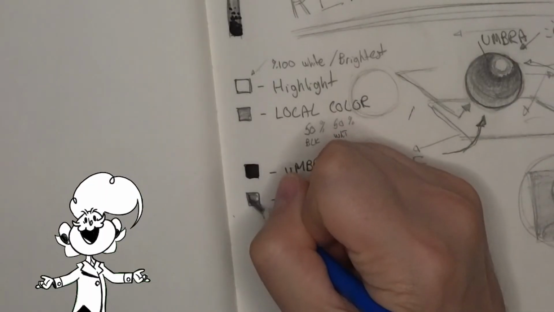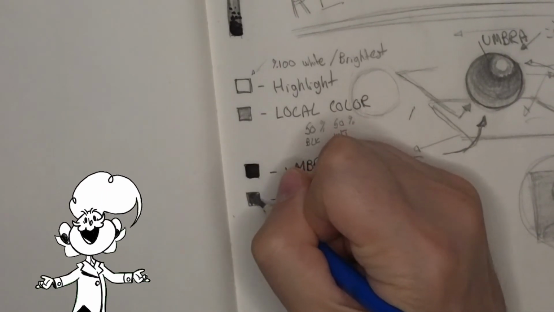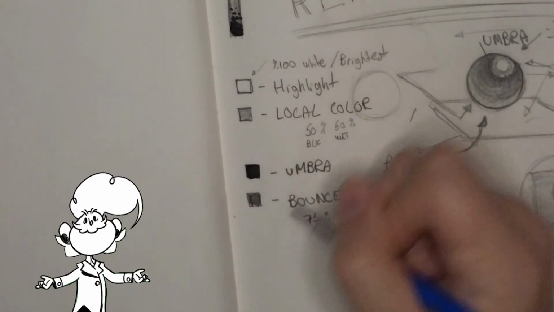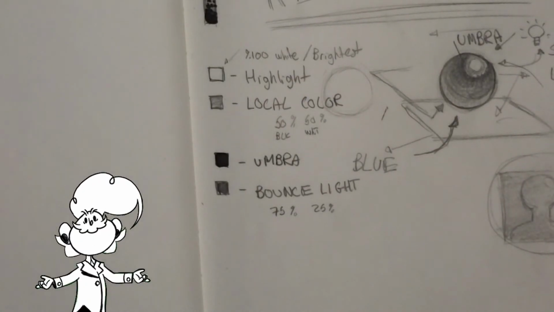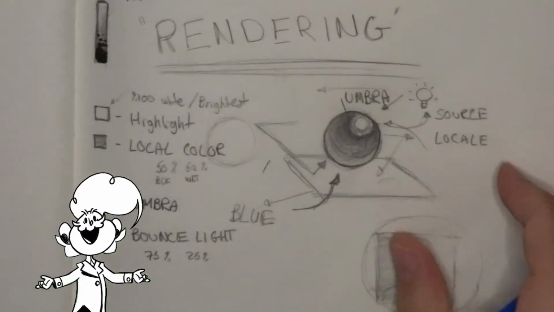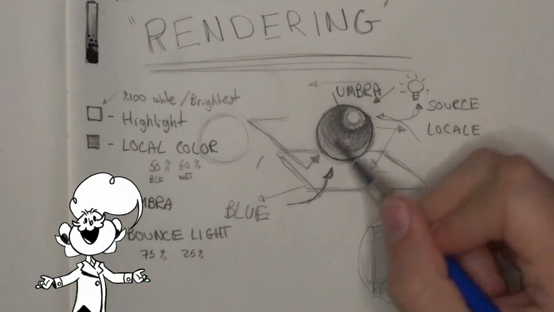So this is where it's darker, but the point is it's going to be quite far from the umbra, which is really the only thing there. In terms of actual rendering on paper, this doesn't look too great.